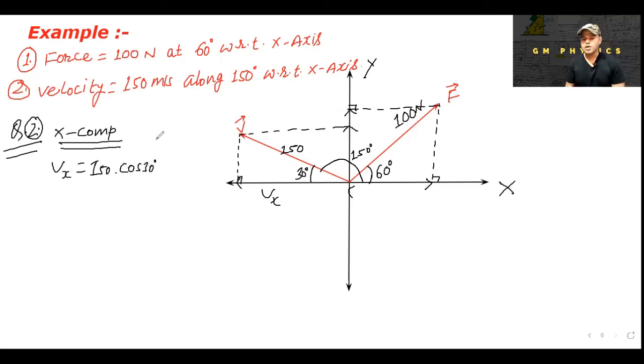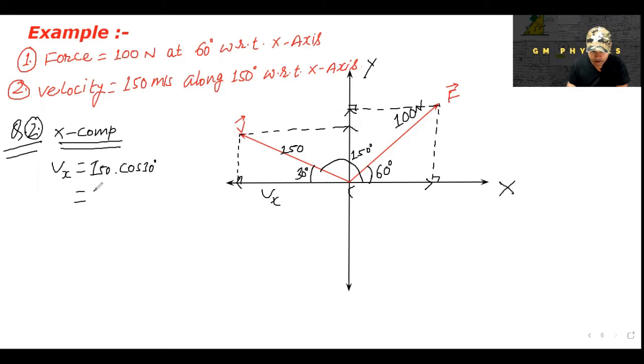You can write 150 cos 150, then you will get the sign from the trigonometric ratio itself. But here we already see that the component of the vector is along negative x-axis. So I don't need to write cos 150. I'll simply write cos 30 for convenience, and I'll put minus i cap because it is directed along negative x-axis.